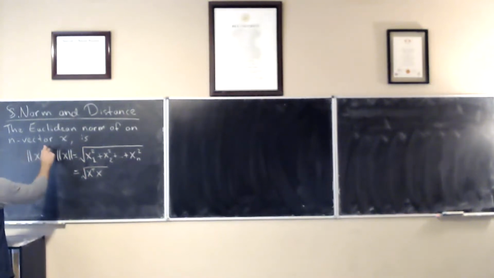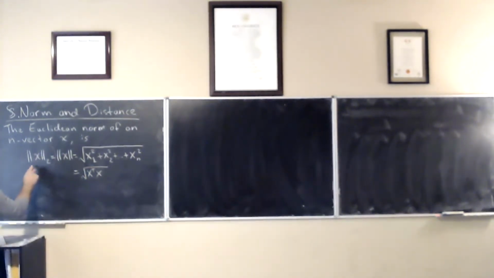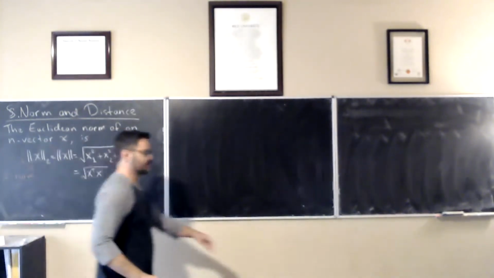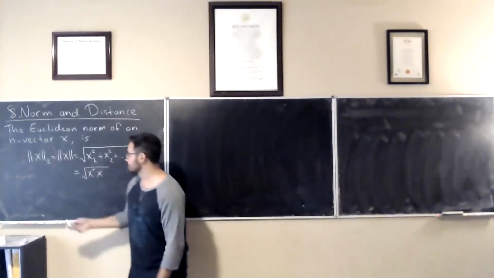And this business over here, this is more advanced notation when you see a little 2 at the bottom, because the Euclidean norm is sometimes referred to as the 2 norm. And that's why there's a little 2 there. But the only norm that we're going to see in this textbook is the 2 norm, the Euclidean norm.